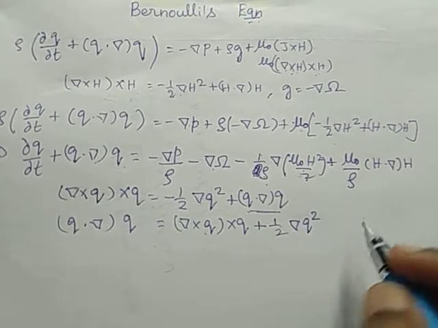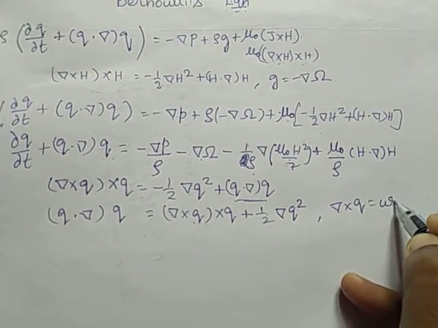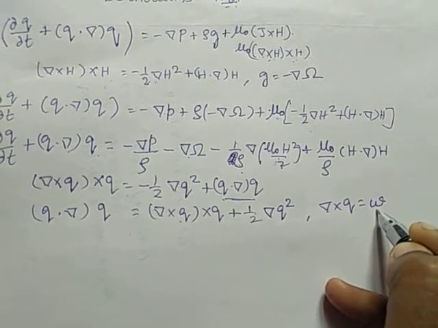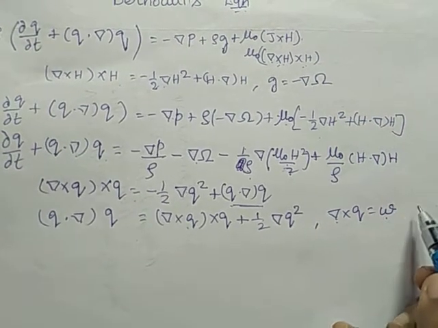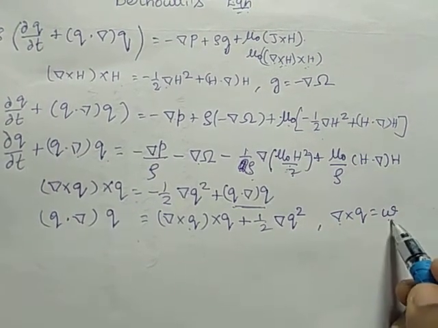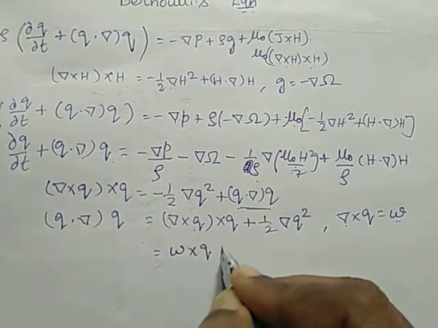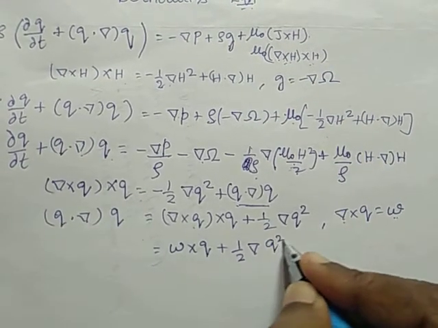Also we know del cross q can be written as omega, where omega is the vorticity vector. Therefore this can be written as omega cross q plus half of del q square.